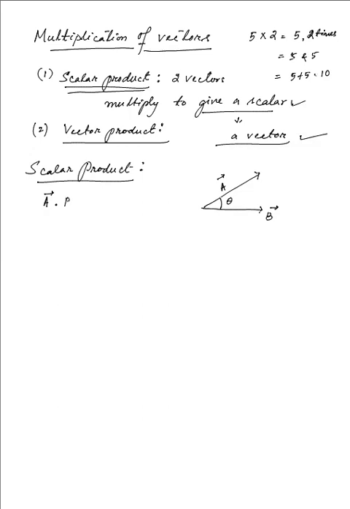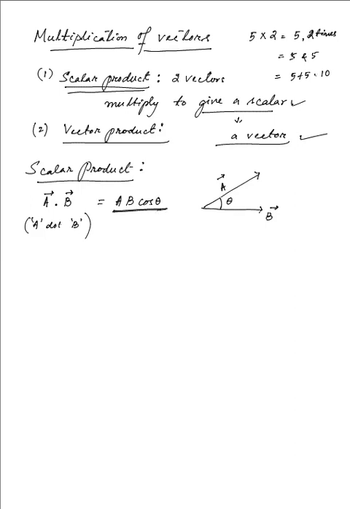So this is A, read as A dot B. So A dot B is the scalar product of A and B, where we have the result as the magnitude of A multiplied with the magnitude of B multiplied with the cosine of the angle separating them, in this case being theta. So AB cos theta is the dot product, or the result of the dot product of two vectors.